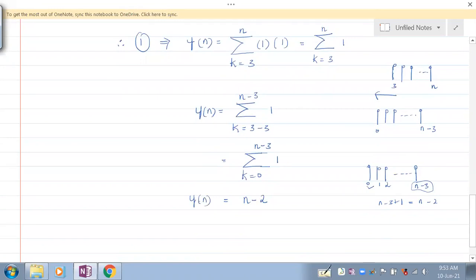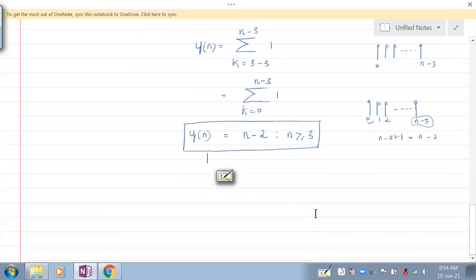So y of n is n minus 2, for n greater than or equal to 3. So this is what is important now. Let's summarize the result.